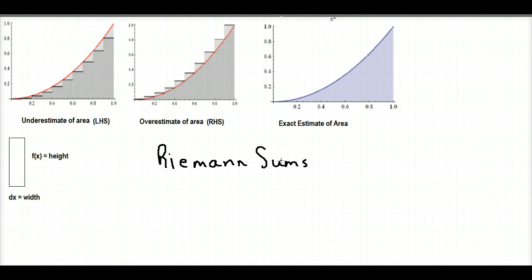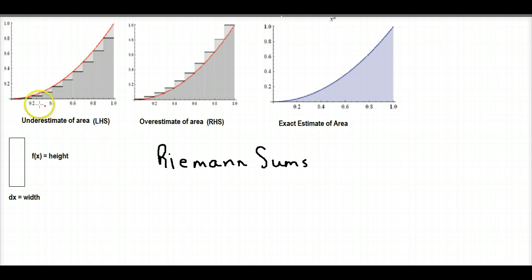The idea here is that we want to fit a certain number of rectangles under the particular curve, or around the particular curve, to try to estimate what the area is. As you see here with our underestimate, we've tried to fit some of these rectangles up under the curve.